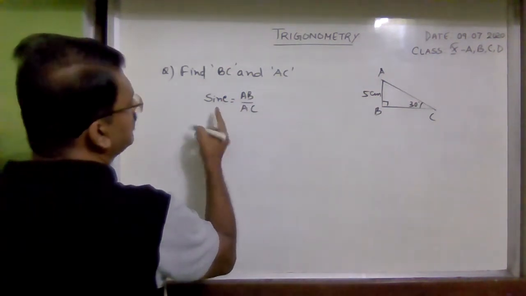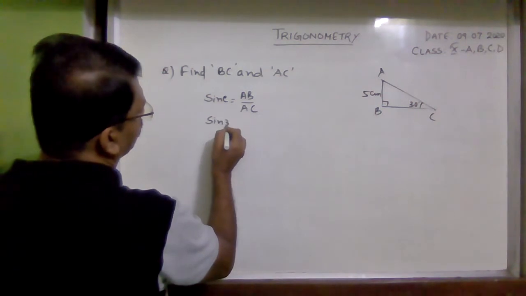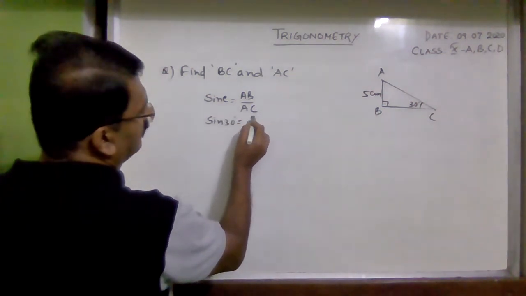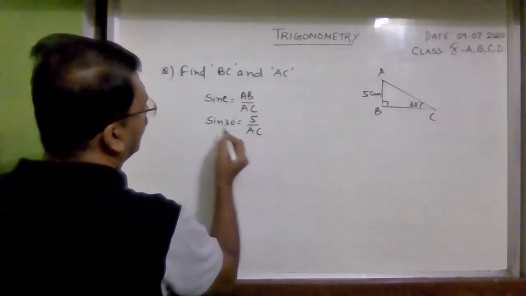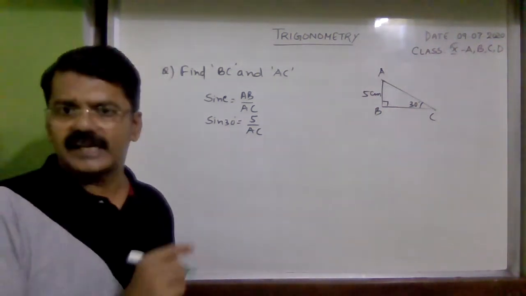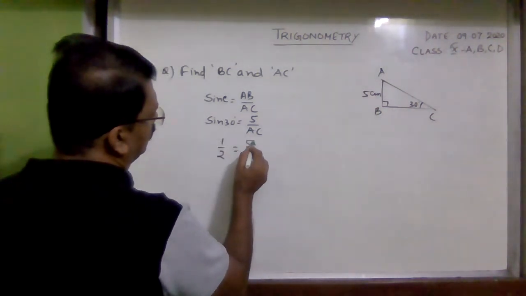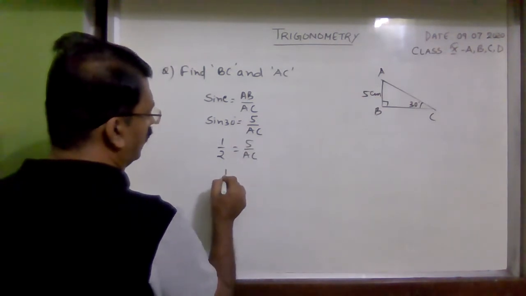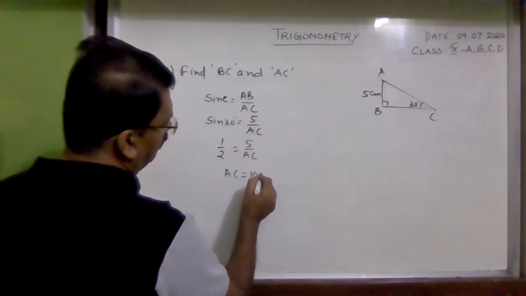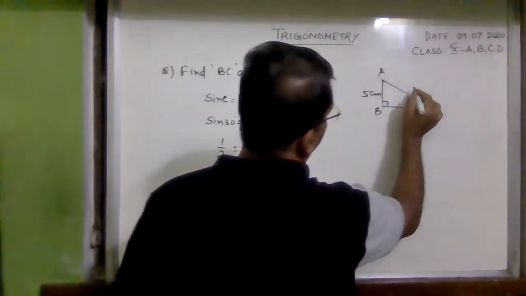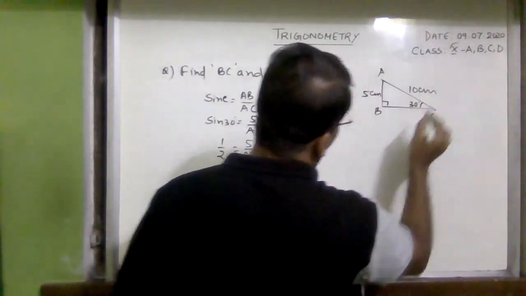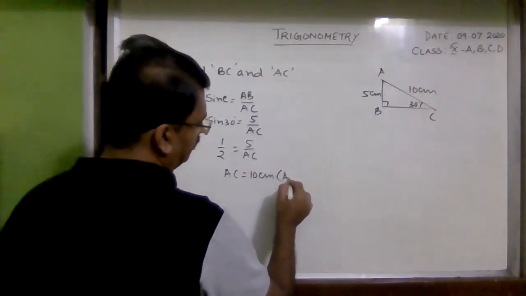Now sin C means sin 30 is equal to AB, given 5, and AC we have to find. Now the value of sin 30, I told you, is 1 upon 2. So sin 30 is 1 upon 2, equal to 5 upon AC. If you cross multiply, AC will be what? 10 centimeter. So we have found AC is 10 centimeter.